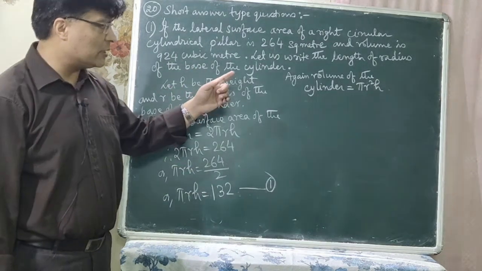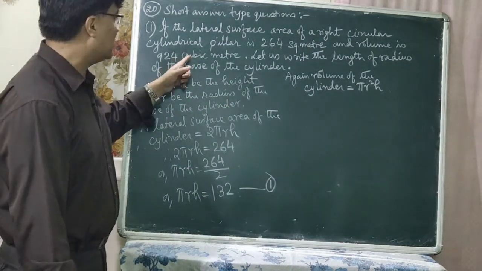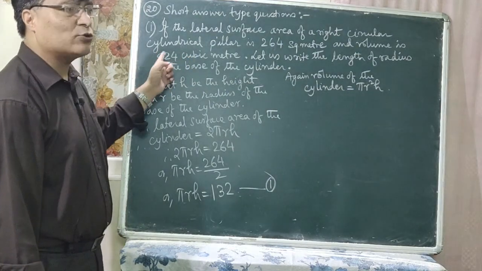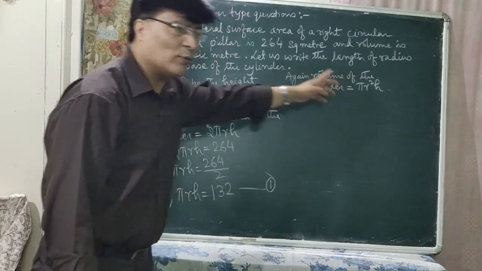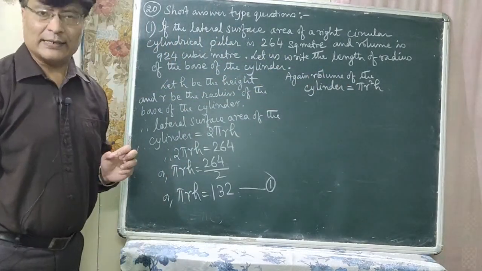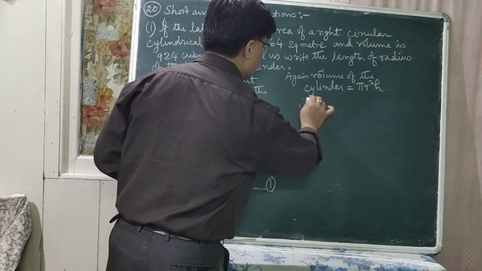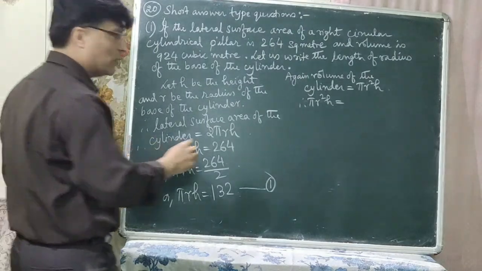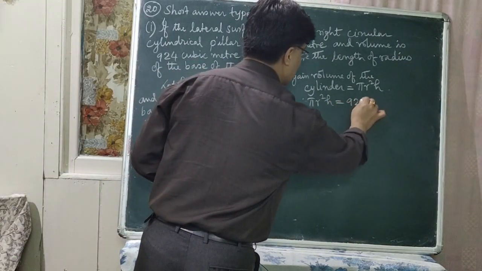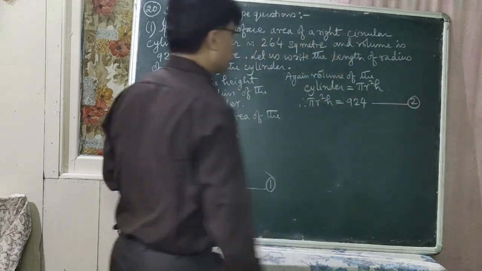But by question, what is the volume of the cylinder? It is given as 924 cubic meter. So you can equate this formula with the given value, that is 924. So pi r square h is equal to 924. Let us mark it as number 2.